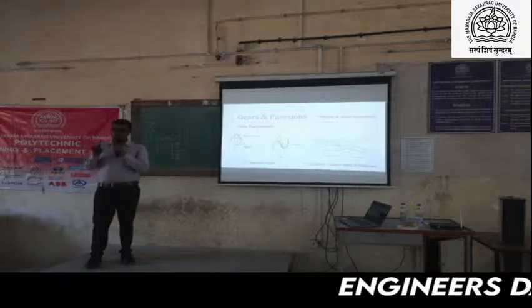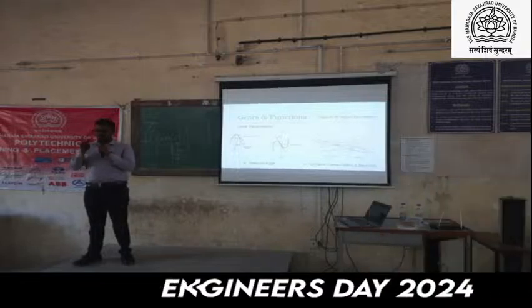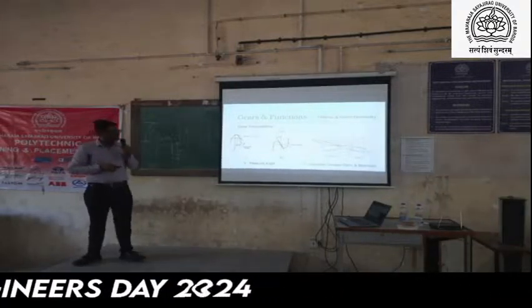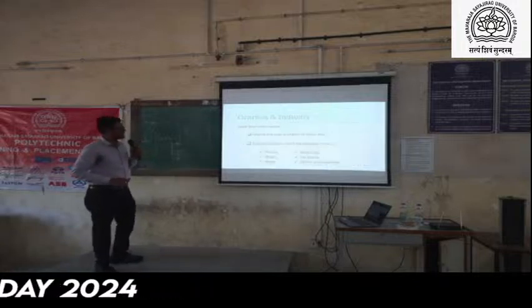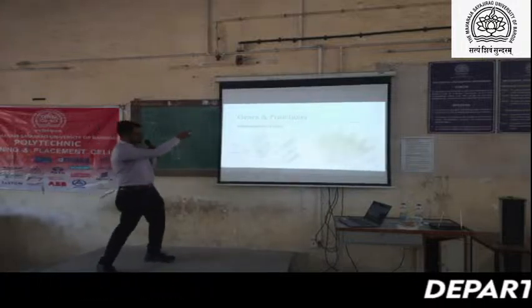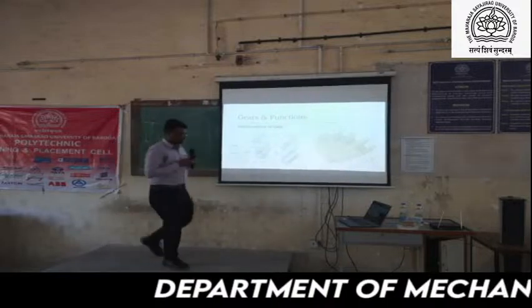Omega, what does omega mean? Angular velocity. So omega 1 should be equal to omega 2. If you see this pressure angle nomenclature, the opposite gear will be made here.